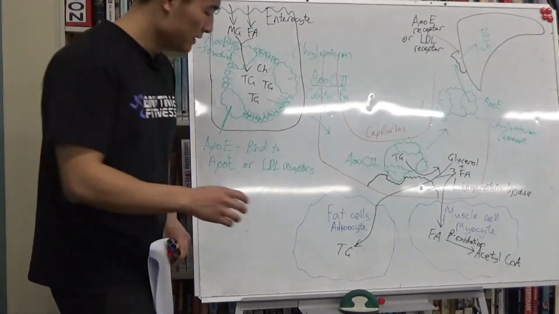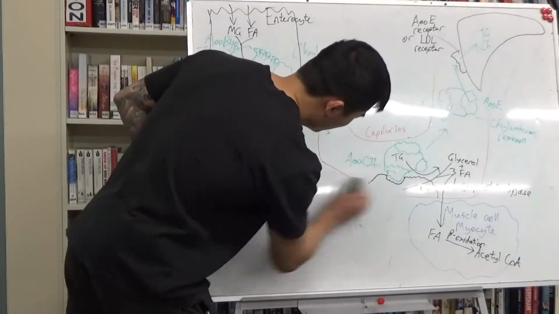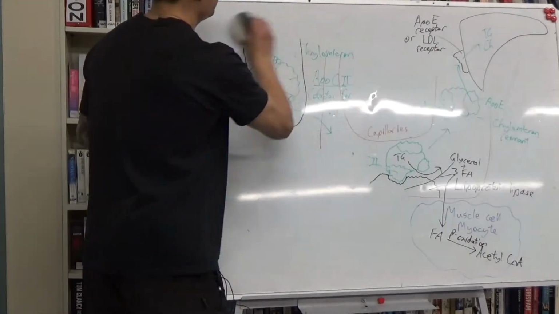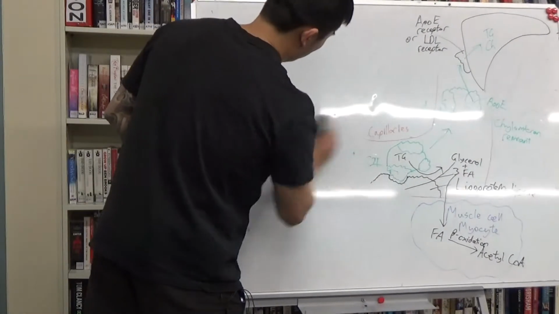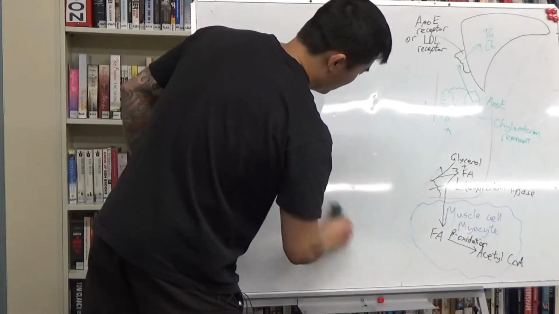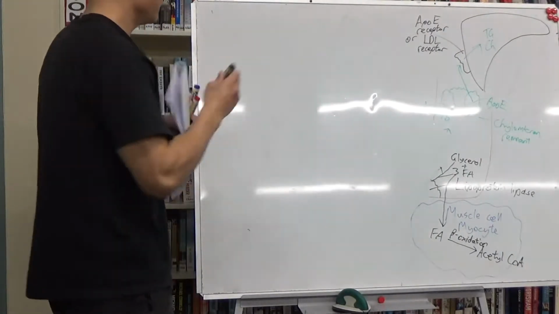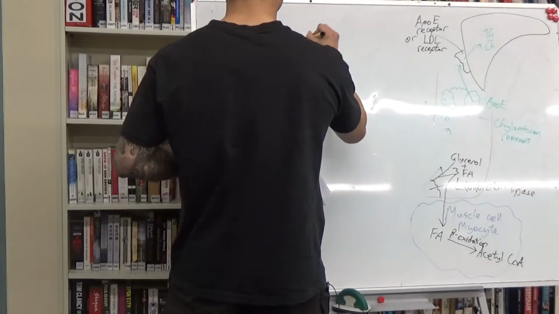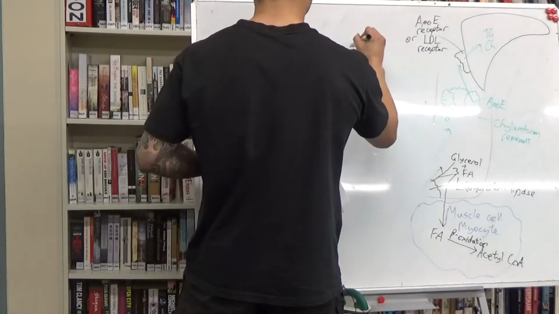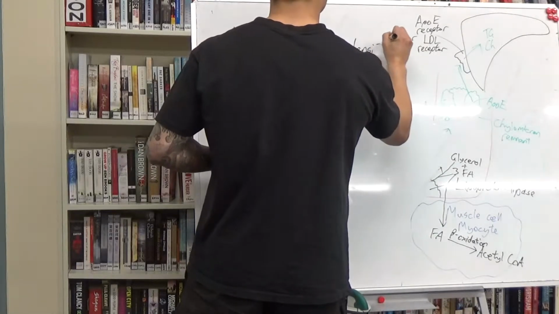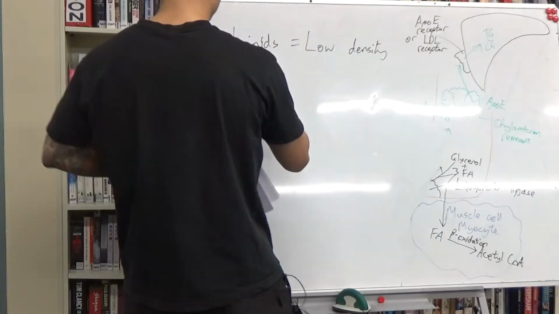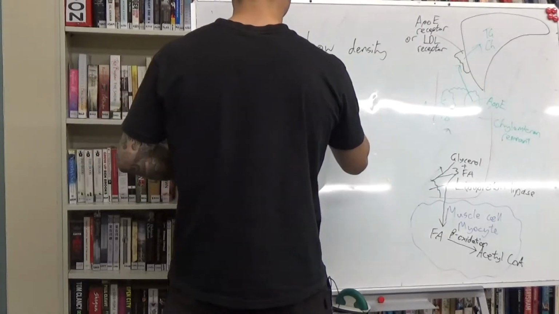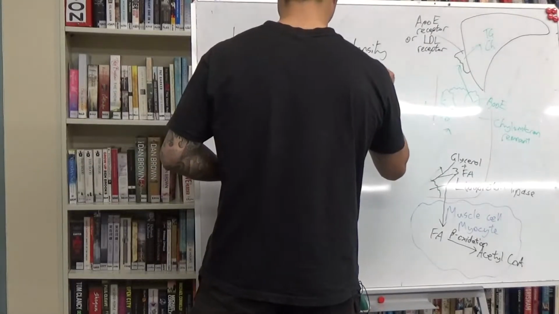Okay, so as a general rule of thumb, you can assume that lipids are low density and proteins are more dense.